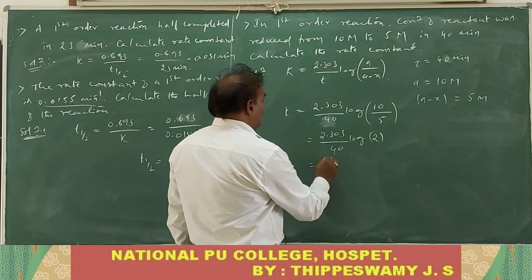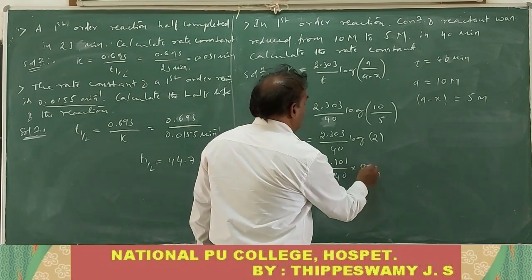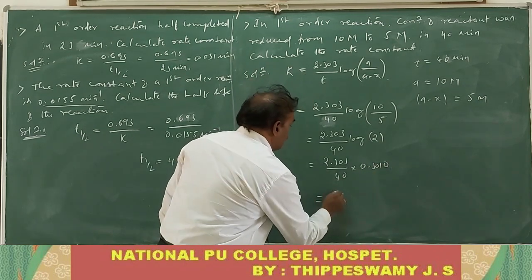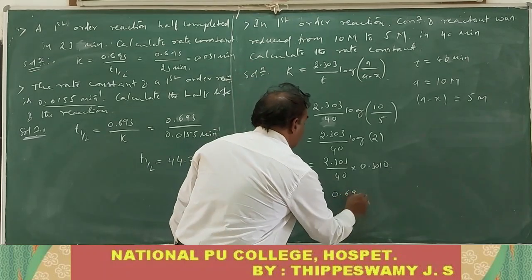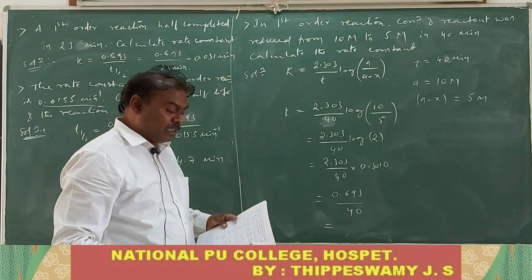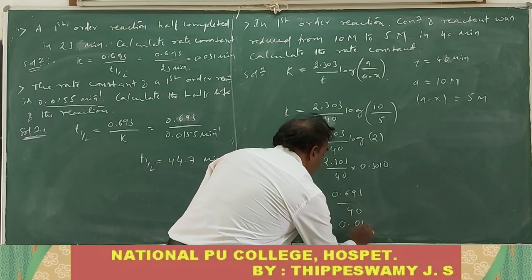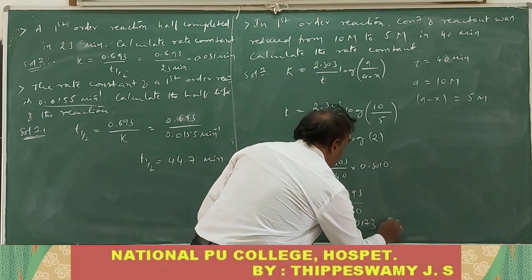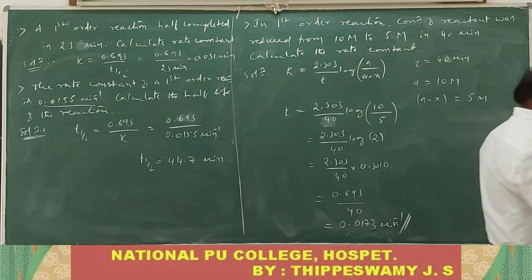The value of log 2 is 0.3010, so this is equal to 0.693 divided by 40. The final answer will be 0.0173, and the unit will be per minute only. So in this way, we can solve many numericals based on this.